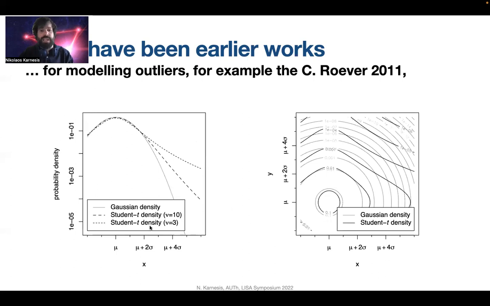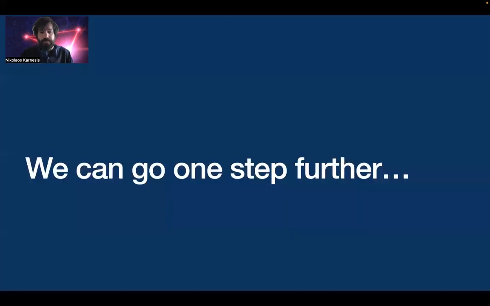And this is how it looks. This is taken directly from this paper. So these dashed lines here are the Student-t compared to the Gaussian one, which is shown here. So basically you can have all these outliers in the data, and with these fatter tails, you can take them into account and you have more robust parameter estimations for your problem, right?